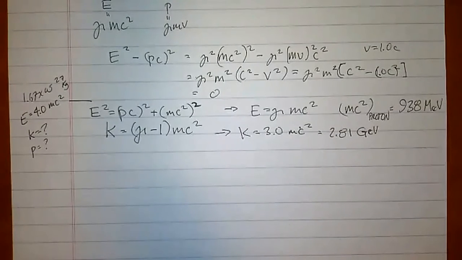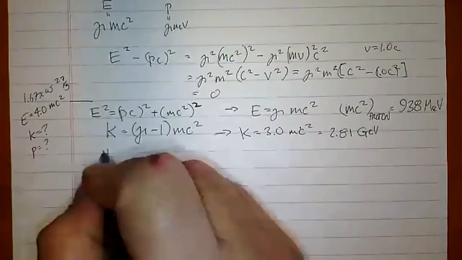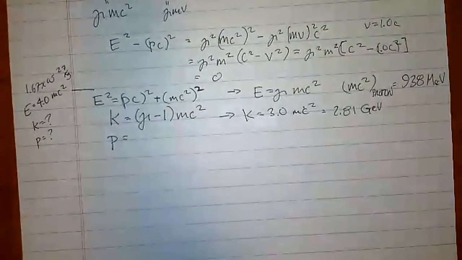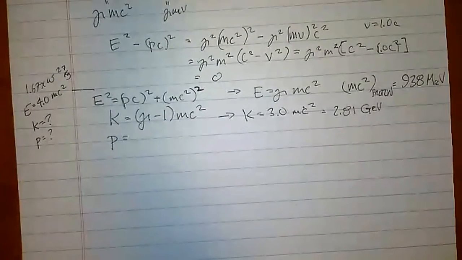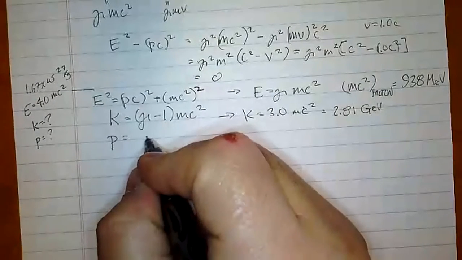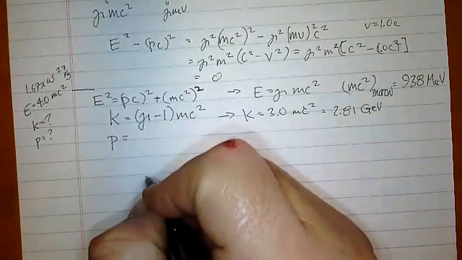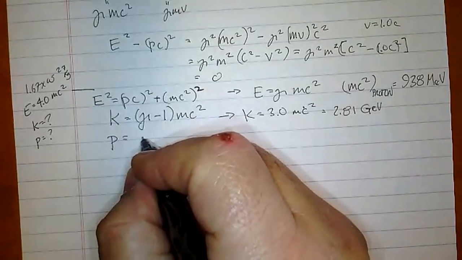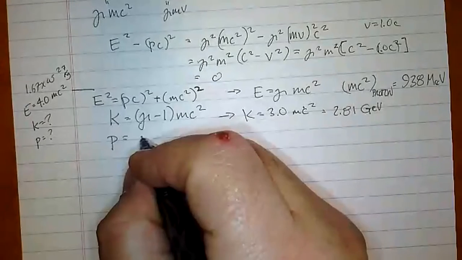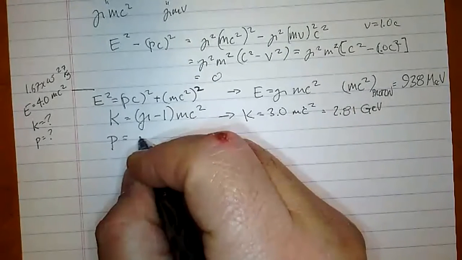Now, do you remember the formula for momentum in relativity? Well, you remember what it is classically, right? What was momentum in classical physics? P equals MV.